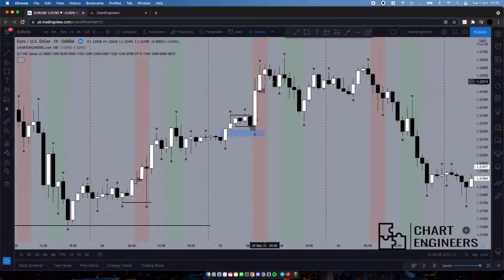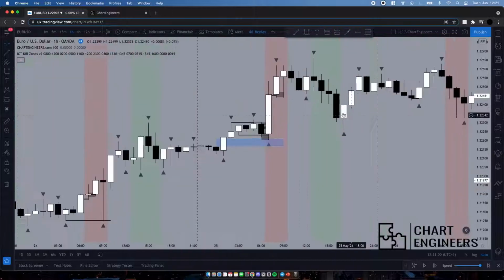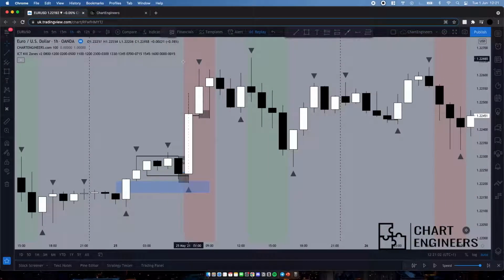So here is Tuesday, and we see that we have this H1 raid, and we have this fair value gap over here. So when price flew up in London, we left this fair value gap, and we also had a H1 raid to the top side.